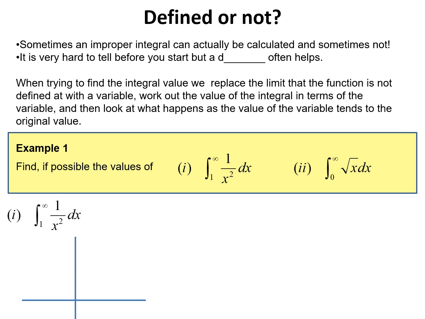Defined or not. Sometimes an improper integral can actually be calculated and sometimes not. It is very hard to tell before you start, but what do you reckon often helps.